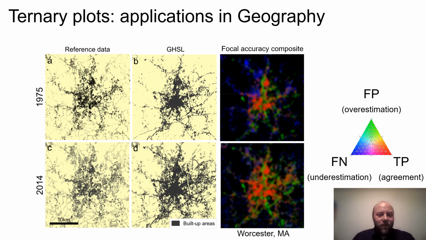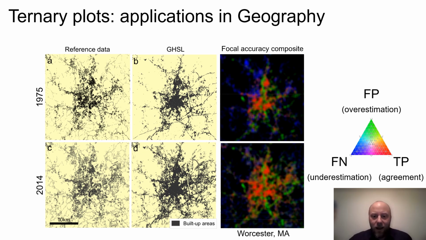Okay, so we have the reference data and we have this remote sensing data product, global human settlement layer, for 2 points in time. And then based on the method that I just explained, we can generate this focal accuracy composite, as we call it, where the colors indicate the agreement and the type of disagreement that is predominant at each location, right?